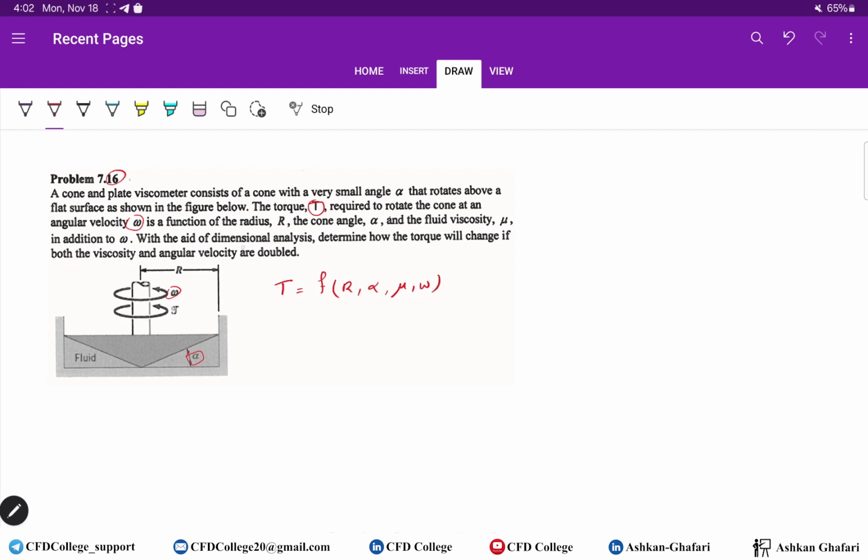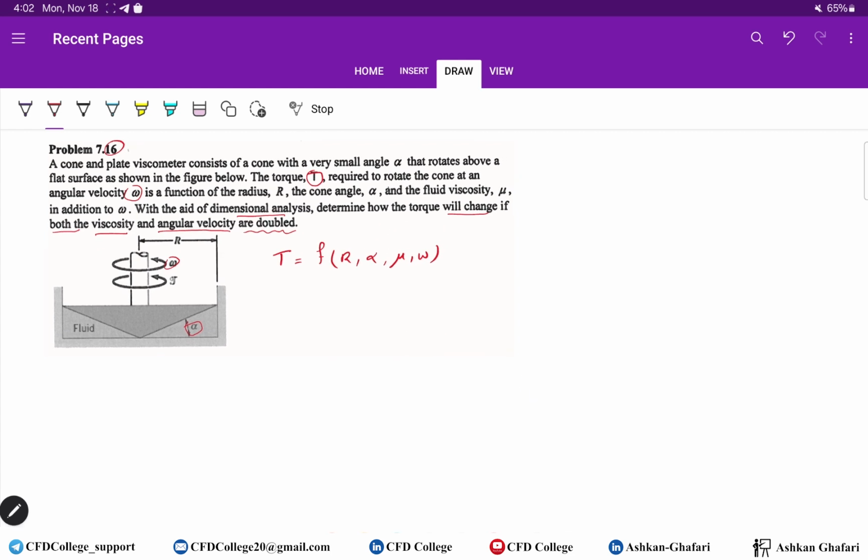With the aid of dimensional analysis, determine how the torque will change if both the viscosity and angular velocity are doubled. So we have to find the relationship between torque and viscosity and omega, and then we can find out if we double them, what happens to the torque.